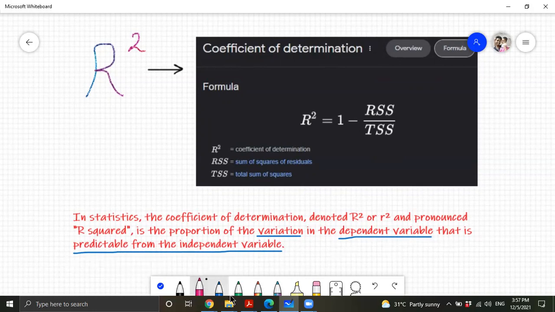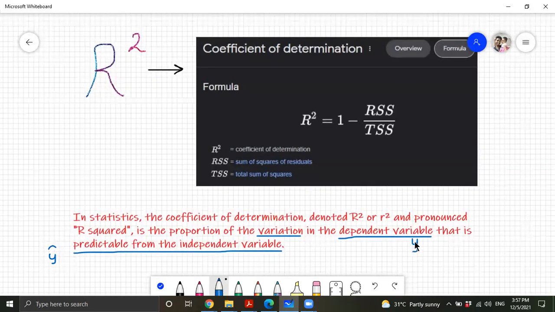If I denote the model output as y hat, and the actual value as y, we are going to find the variation between y and y hat. How much y varies from y hat or y hat from y, right? That's the idea of the coefficient of determination. Basically, it's the metric for our model.